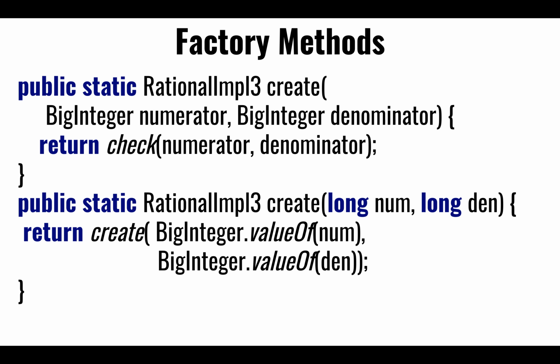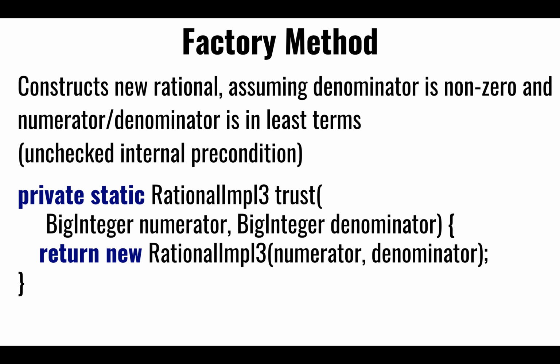It's going to validate that the denominator isn't 0, and it's also going to be responsible for converting the numerator and denominator into their reduced format. We know that we need to reduce this, and ideally this happens only once. Perhaps we have a method that does this. You pass in the numerator and denominator, and it updates the state into its reduced format.